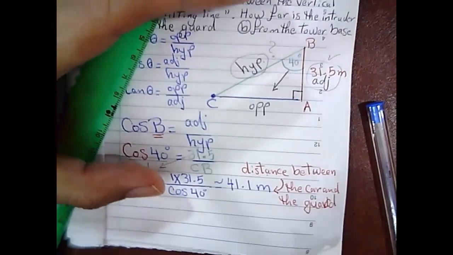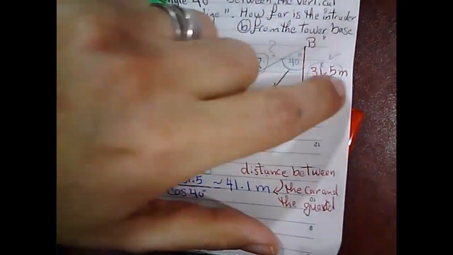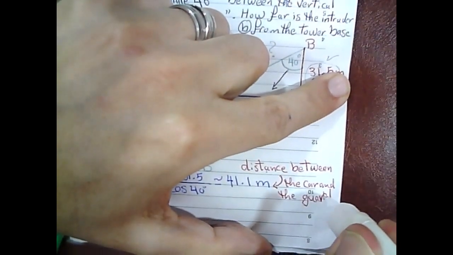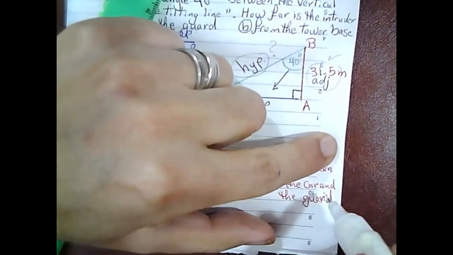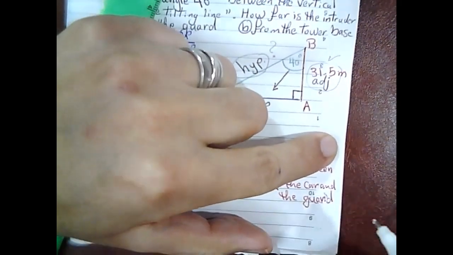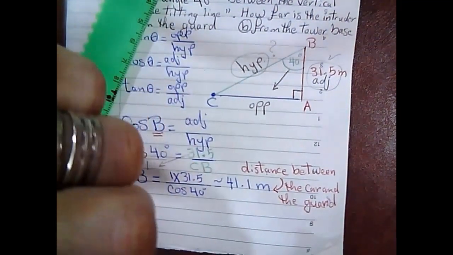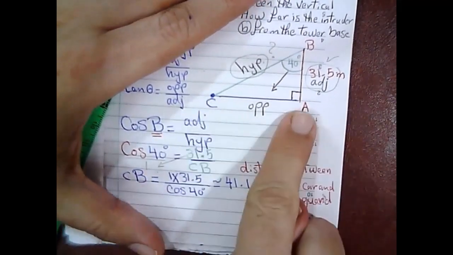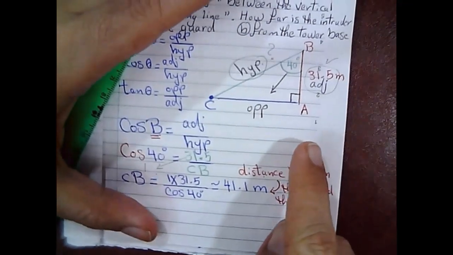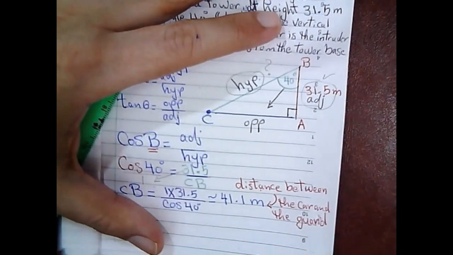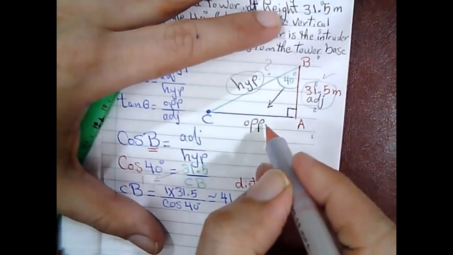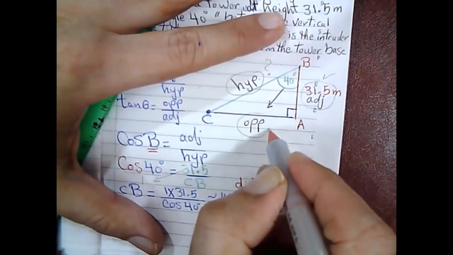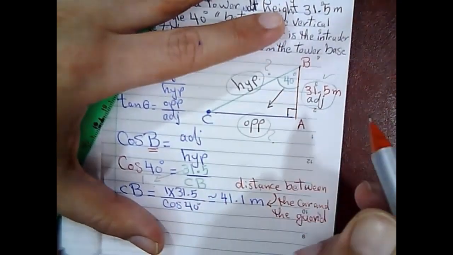And what is the next required from us? The next required from us is the distance between the car and the base of the tower. So we want CA. Same way, we see what it is that we want now. It's CA. We look at what we want and what we know.